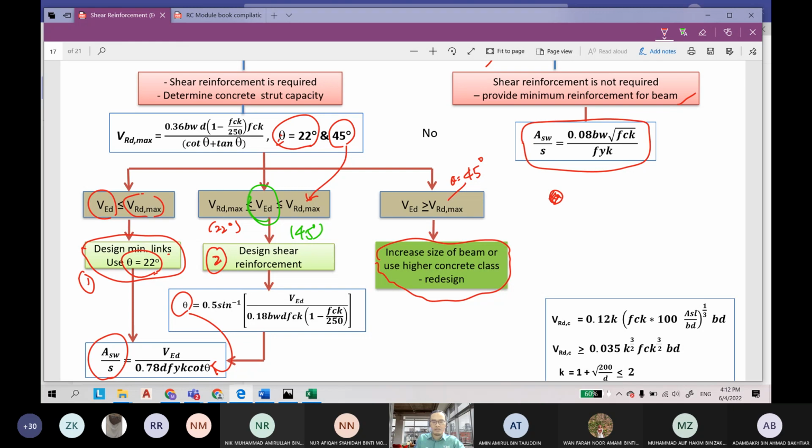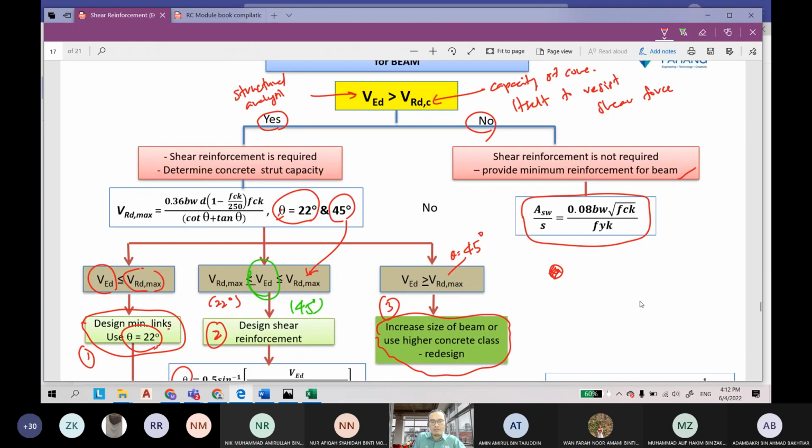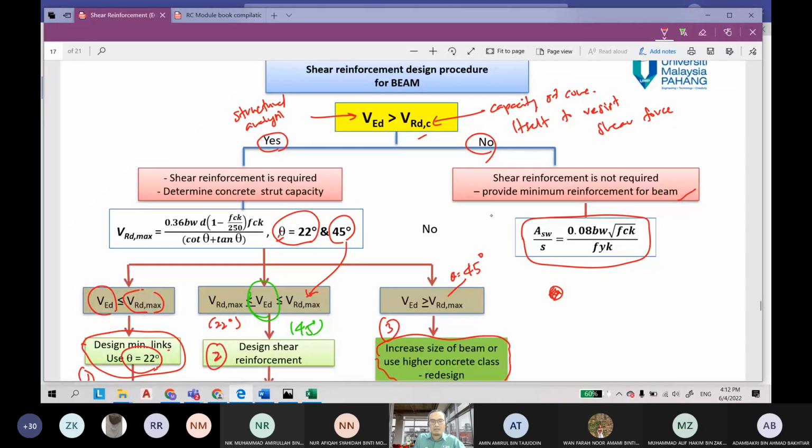These are all the options, actually four options, including this one. But this one is very rare to find inside the beam. However, we will find this situation inside the slab.